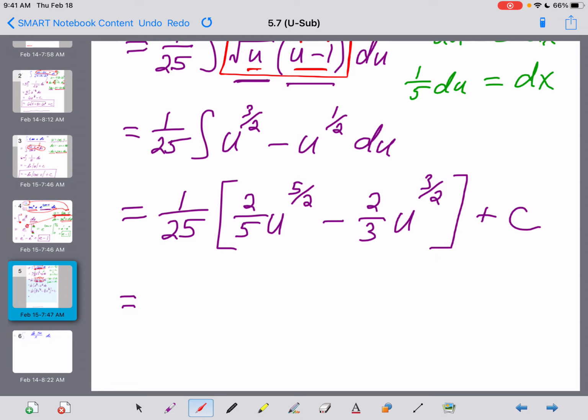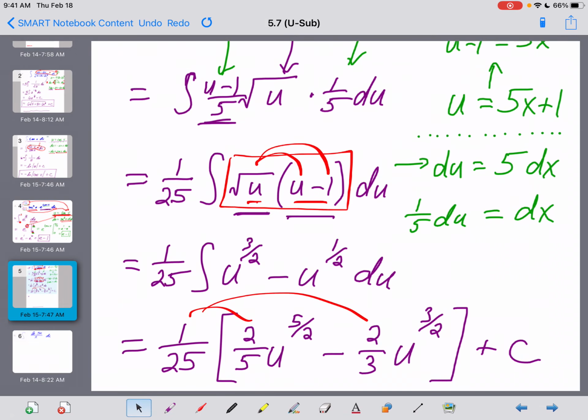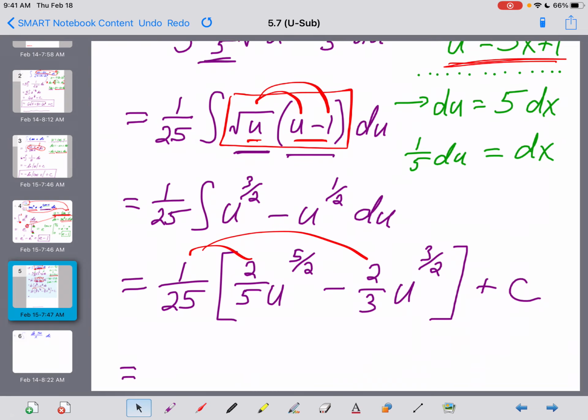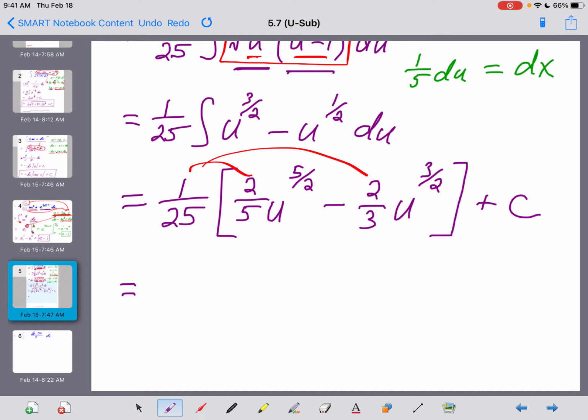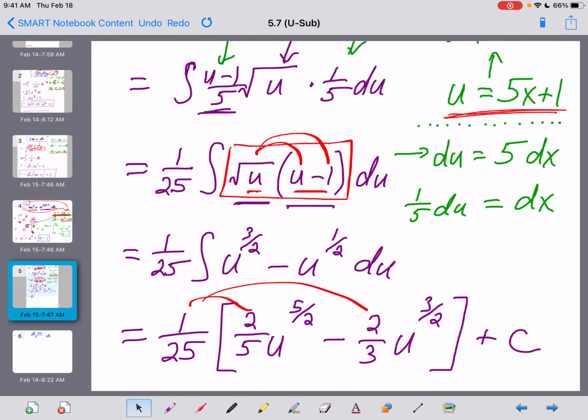I'm going to kill two birds with one stone. I'm going to redistribute this 1/25th back in, and I'm also going to take out the u and put it back in terms of x. I better remind myself that u was equal to 5x plus 1. So where are we, everybody? 1/25th times 2/5, that's not pretty. That is going to be a 2 over 125 multiplied by u, which was, dang it, I knew I was going to forget it again, 5x plus 1.